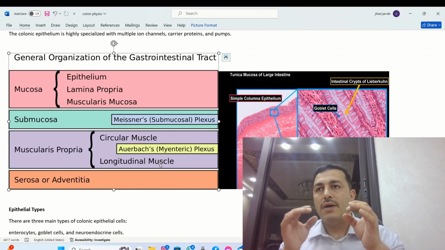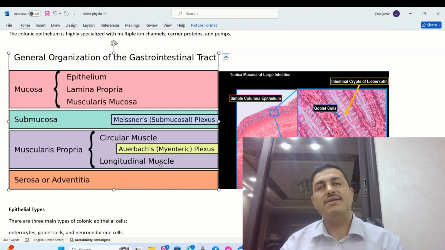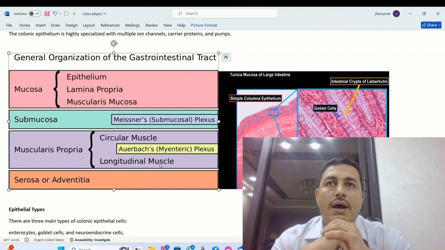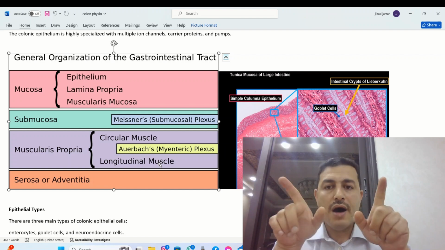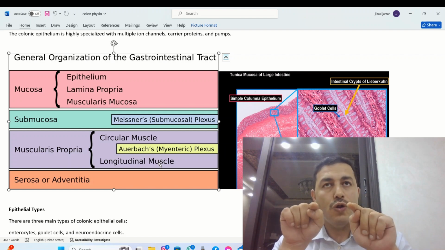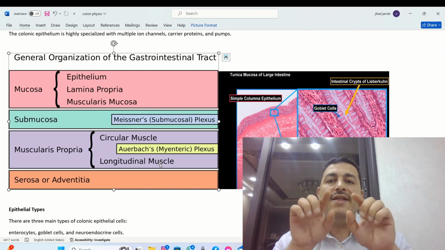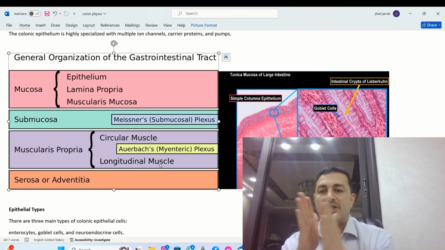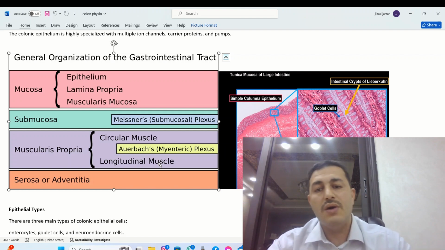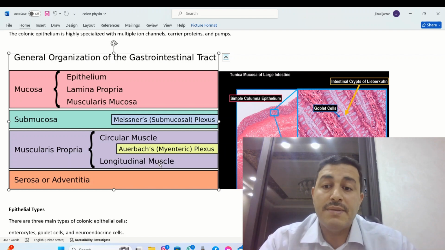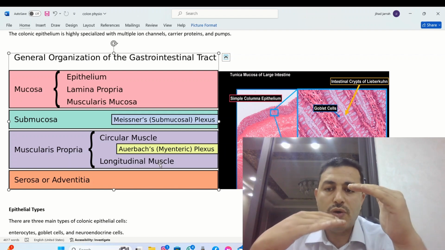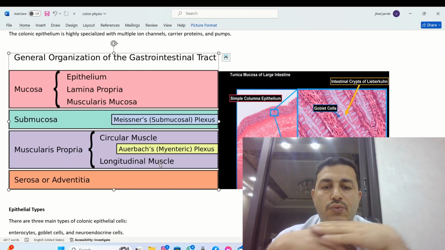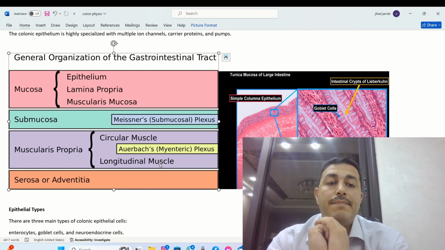It is a condensation of muscle in three parts, and they are shorter than the colon itself, and because they are shorter than the colon itself, the haustration will appear. Okay, this is the longitudinal muscle. As we said, circular and longitudinal. Between them, we have the Auerbach plexus.